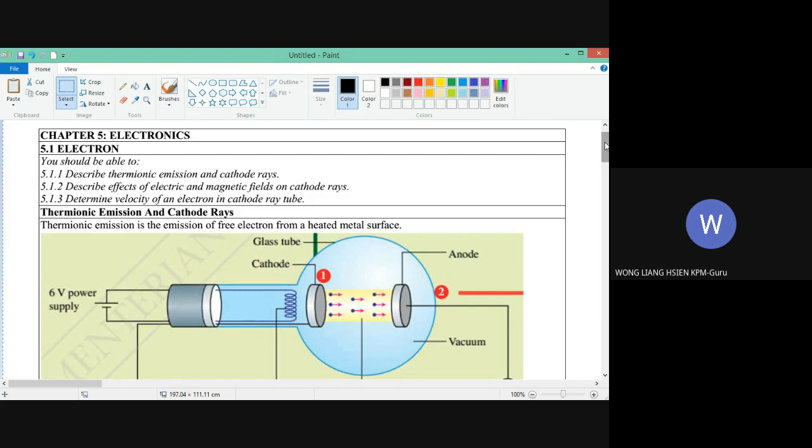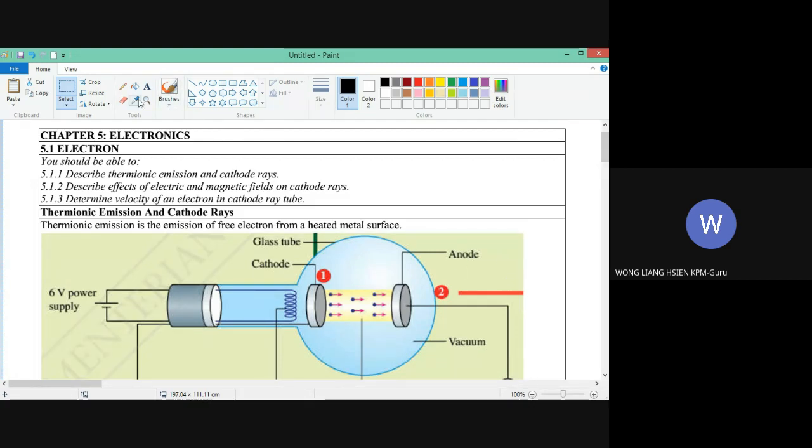That means if you want to design an electronic component or make use of an electronic component, we need to understand how the electron works, what the characteristics of the electron are. So in 5.1, we want to learn a bit more about electrons first.